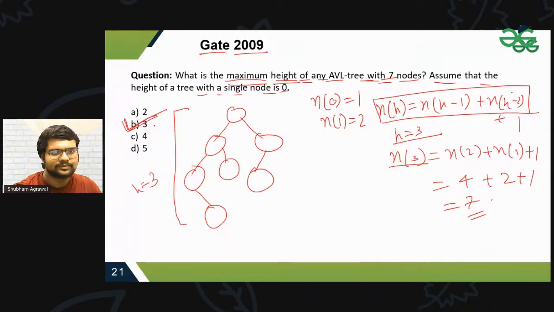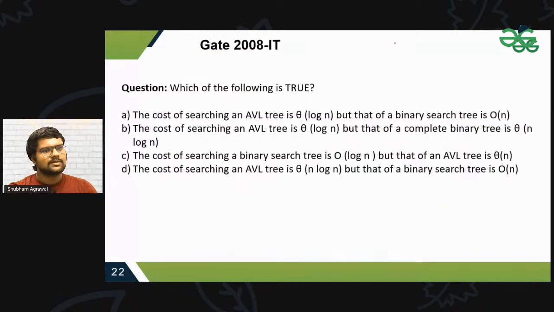Okay, now let's see one more question. This question was asked in GATE 2008 IT, in which we have to tell which of the statements is correct. Let's see all the statements. The cost of searching in an AVL tree is theta log n, but that of a binary search tree is order of n.